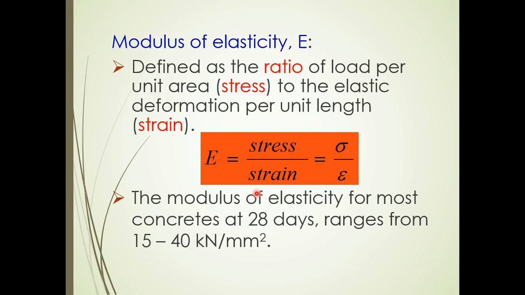Basically, the E value is the stress divided by the strain. Common values for concrete at 28 days are in the range of 15 to 40 kilonewton per millimeter squared.